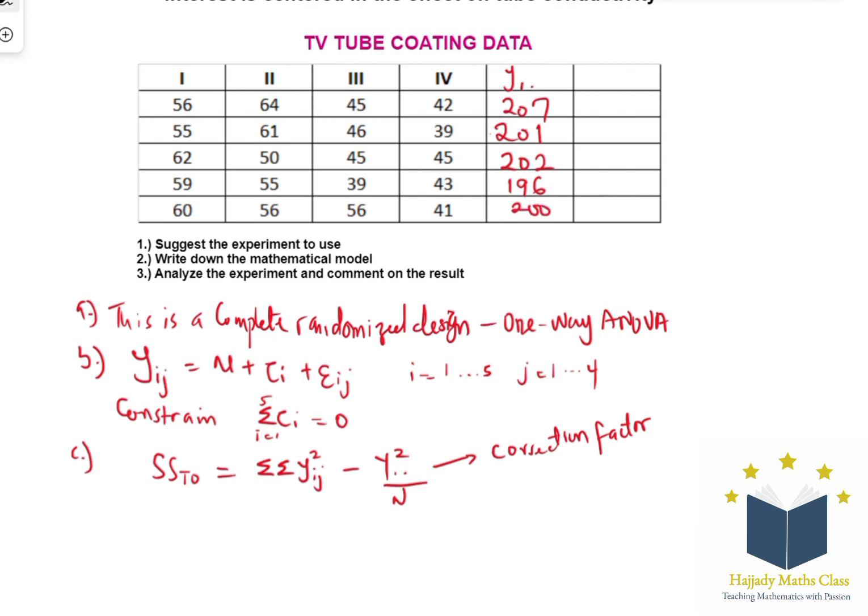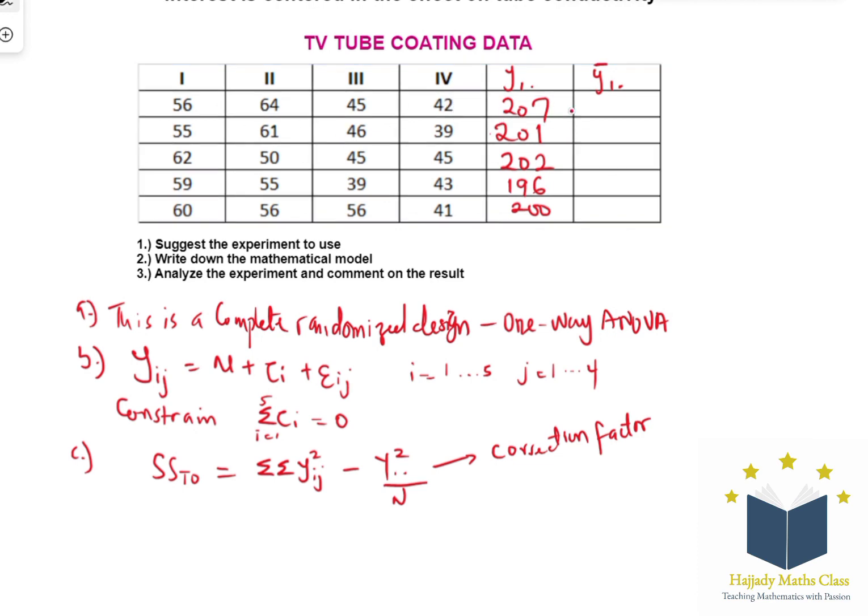So here, yi dot bar can be calculated by dividing by the total, which is 4.